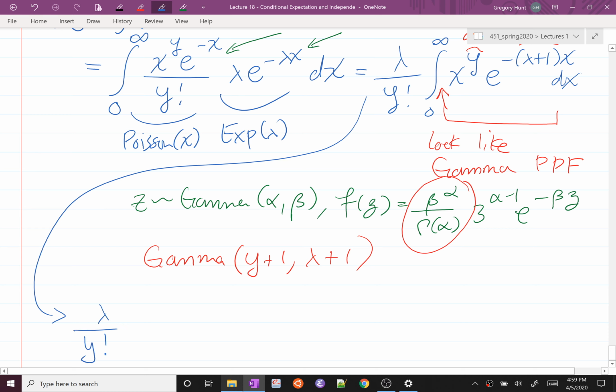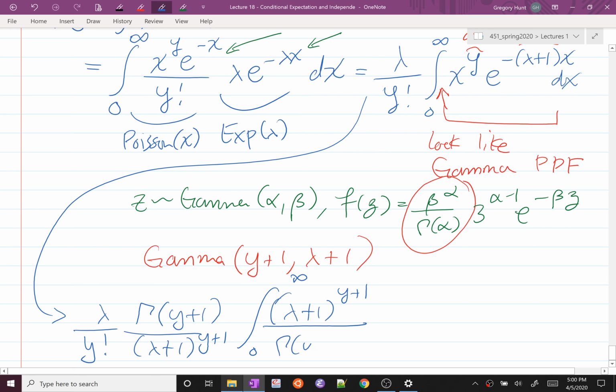I'm going to multiply by gamma of alpha, which is gamma of y plus 1, divided by beta, which is lambda plus 1, to the alpha, which is y plus 1, right? There we go. Okay. And then I multiply by that, which means inside my integral, I can multiply by the reverse, which is lambda plus 1 to the y plus 1 over gamma of y plus 1.